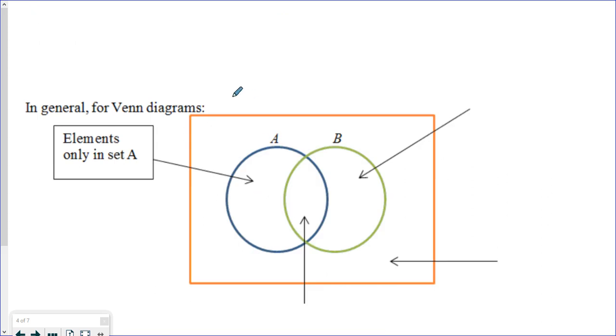So in general for Venn diagrams, if we're just dealing with two sets, we'll look at the intersections and unions of more than two sets. Elements that are only in set A are in this part.